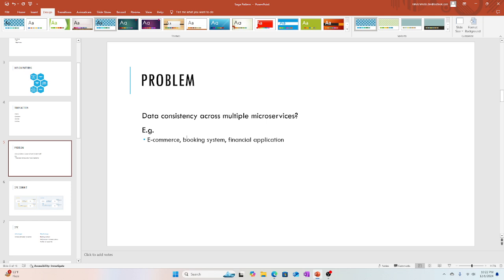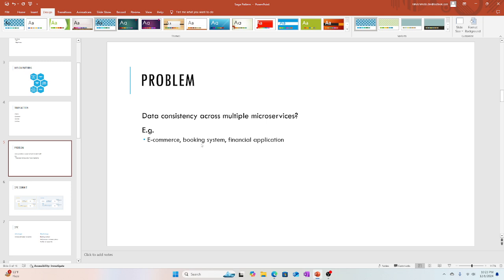Each service will do its work. The order service is responsible for getting the order from the user and processing it further. After getting the order, the payment service will come next and ensure the payment is made smoothly.